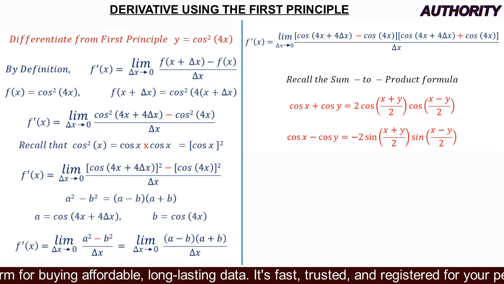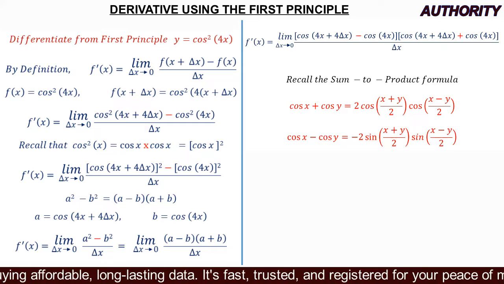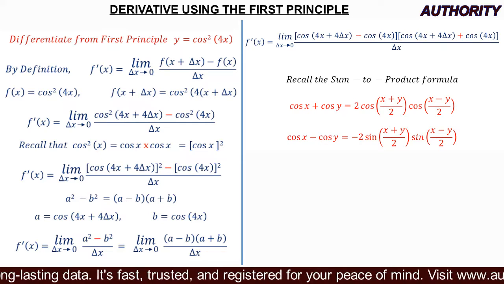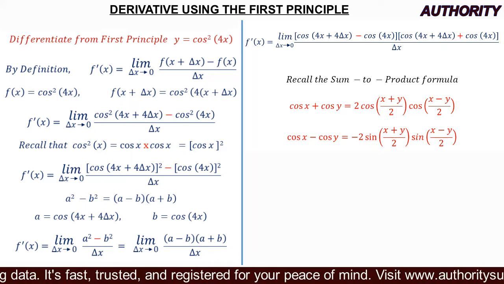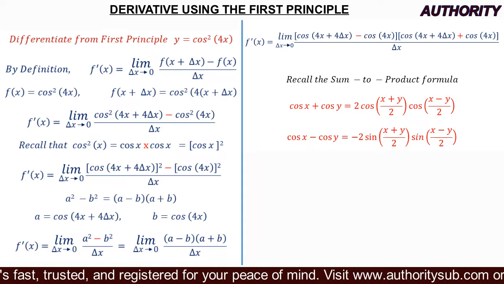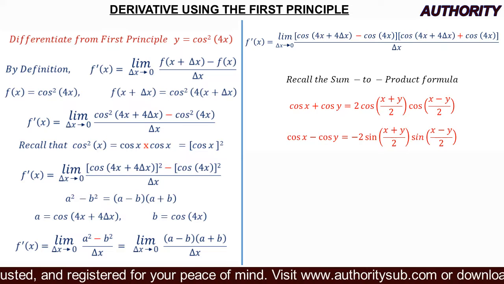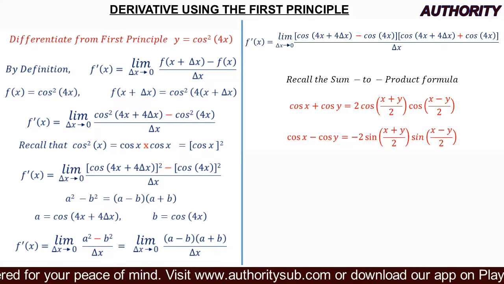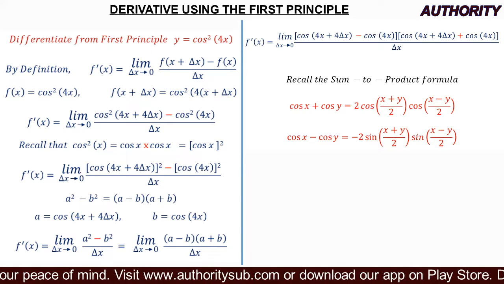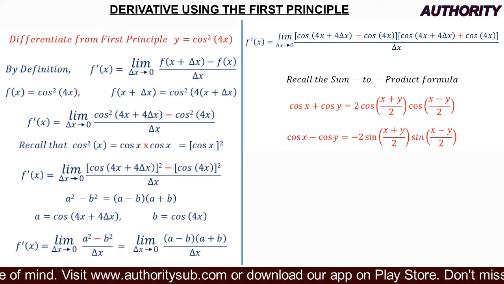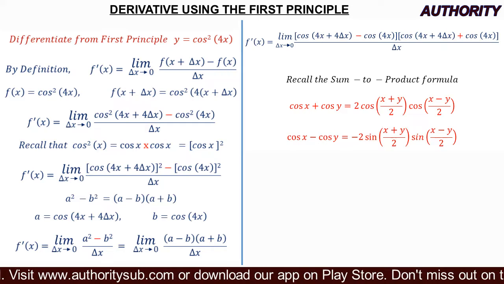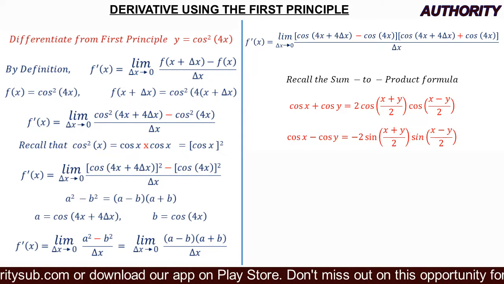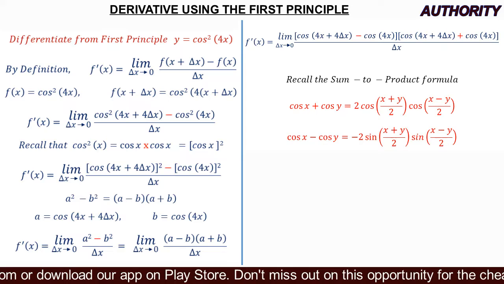Inasmuch as you are going to solve this using the first principle or by definition, you need to master this. I want you to study this and know the pattern that it follows. Cos x plus cos y is equal to 2 cos of x plus y all over 2 multiplied by cos of x minus y all over 2, right? And then the difference, cos x minus cos y, is equal to minus 2 sine of x plus y all over 2 sine of x minus y all over 2.